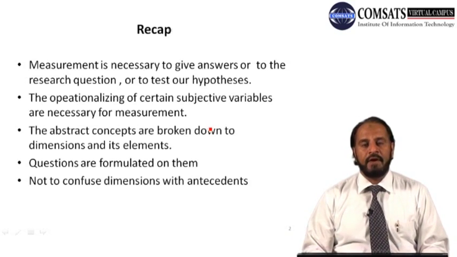We also talked about how important it is, especially when these variables are subjective, arbitrary, or abstract, that they be properly operationalized in order to measure them. Variables such as height, weight, and salary are easily measurable, but variables such as attitude, satisfaction, and loyalty are very abstract concepts and need to be operationalized.